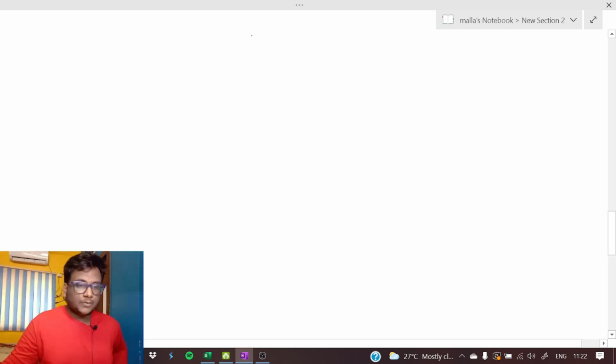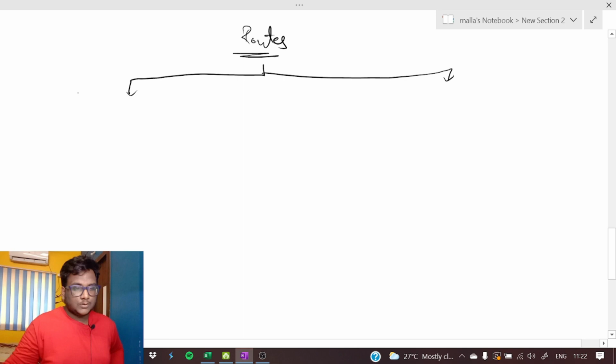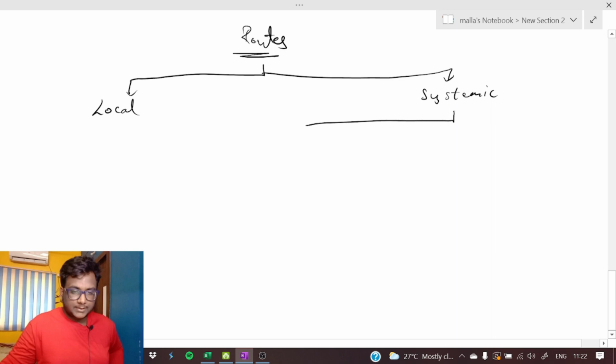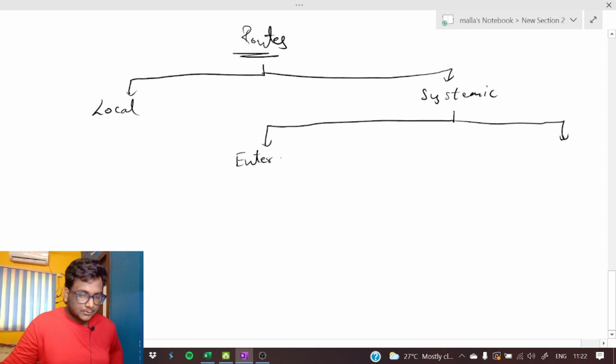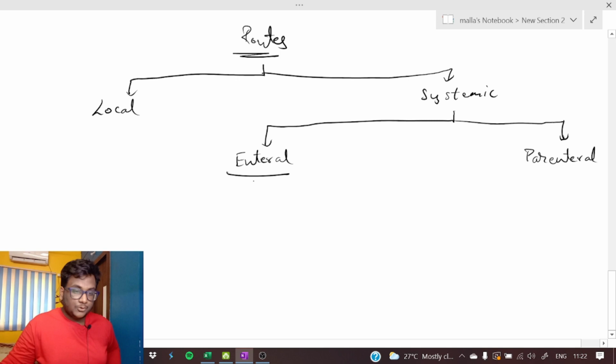So the main routes of administration are mainly two, local and systemic. And in systemic there are mainly two other routes, enteral and parenteral. Enteral means through the enteric system, that is through the intestine, which goes through the digestive system.